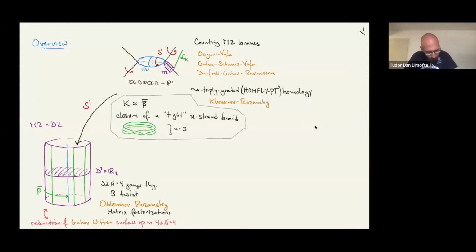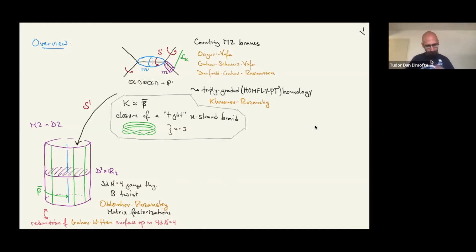What one ends up with is precisely the setup that Oblomkov and Rozansky have used the past few years in what I'll call the B-twist of this 3D N=4 theory, to give a new formulation of HOMFLY-PT homology.